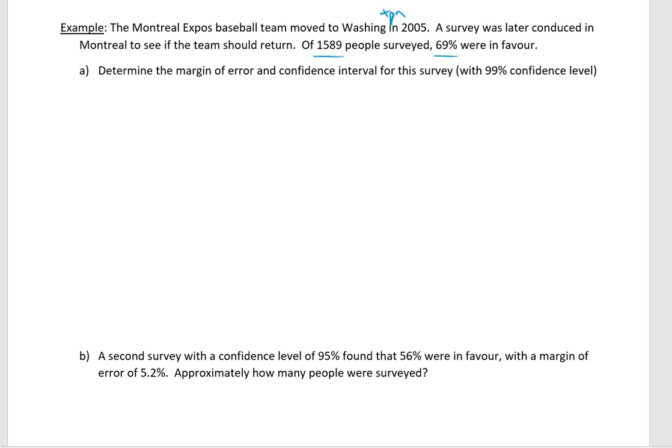So let's determine the margin of error and the confidence interval for the survey with a 99% confidence level. So a 99% confidence level means that our Z value will be 2.576 from that table up above.